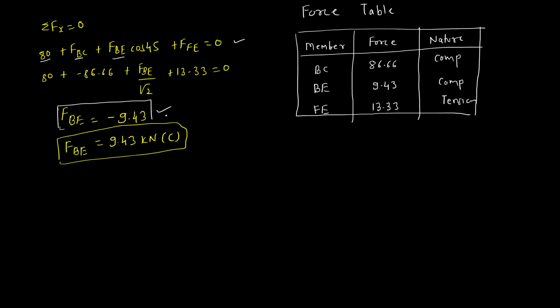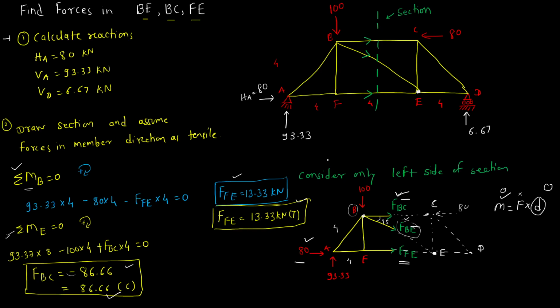Minus sign means it is in compression. So FBE is minus 9.43 compression. Summarizing all the values here in the force table, the forces in BC, BE and FE are respectively this, and the nature is given here. So this is how you solve the problem by using the method of sections.